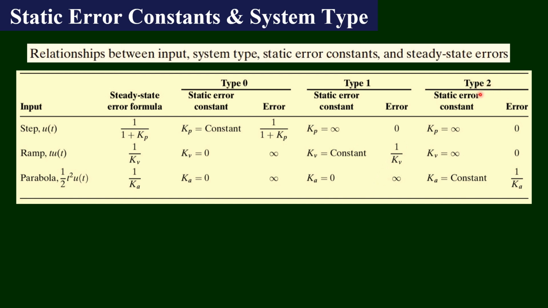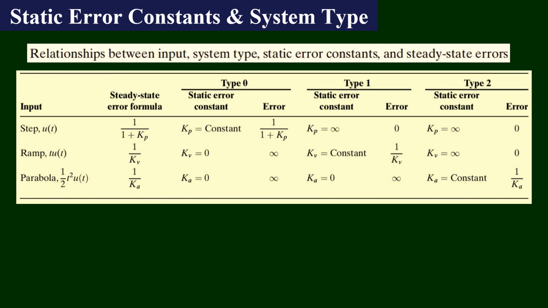For the type 2 system, the position constant is infinity, so the steady state error for the step input is 0, and again the velocity constant is infinity. Therefore, the steady state tracking error for the ramp input is 0, and the acceleration constant will be constant, so we will get a constant steady state error for the parabolic input.